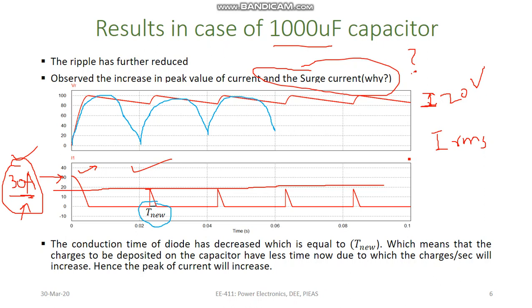But if you see now, due to the capacitor, the diode is only conducting in this part, here to here, here to here only. The capacitor has reached its maximum value of 100 volt in the first cycle. Then what happens when the negative cycle comes?